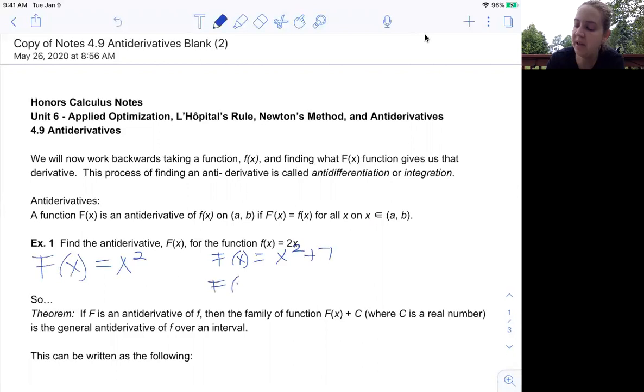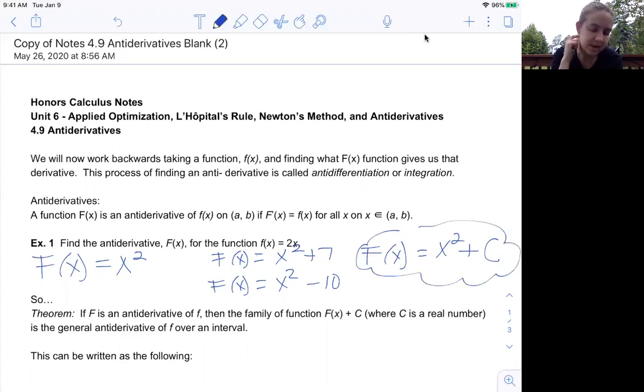We don't know if it was x squared minus 10 or any other positive or negative constant at the end. We have no idea. So to represent all possible constants, positive or negative, we have x squared plus c. Yes, we still use plus even for negatives because it could be plus a negative 12. So x squared plus c.